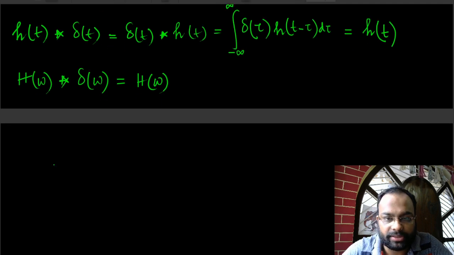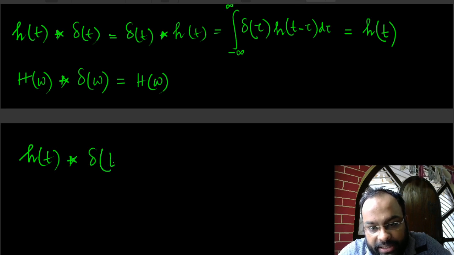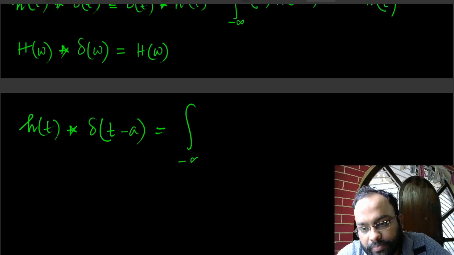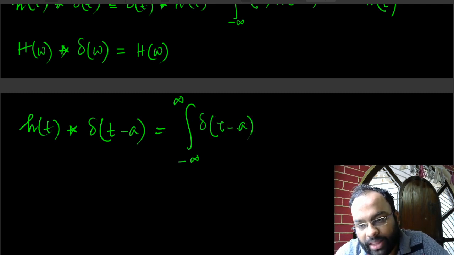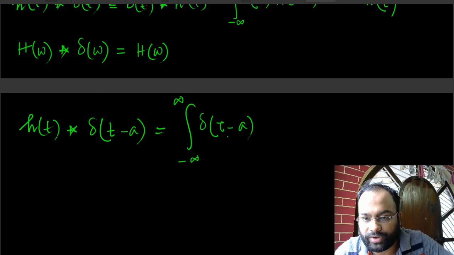All right. In a similar fashion, if I take ht and convolve it with delta t minus a, of course I would have the same integration here, like delta tau minus a. Now of course t is going to be replaced by tau once again, just like our definition of convolution, right?